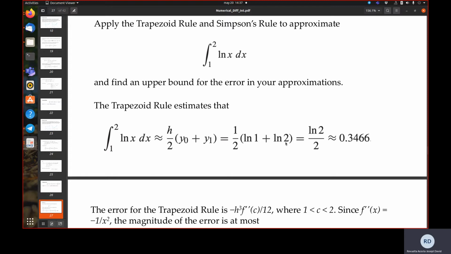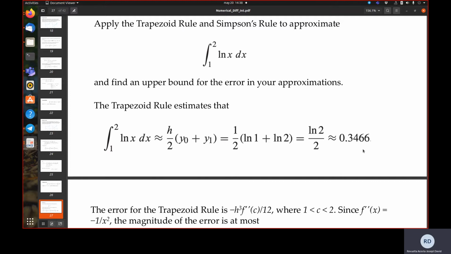So we simplify this one as a multiplication, and then you have the natural log of 2 divided by 2, which is equal to 0.3466. Let me corroborate that expression: the natural log of 2 divided by 2 is equal to 0.34657.